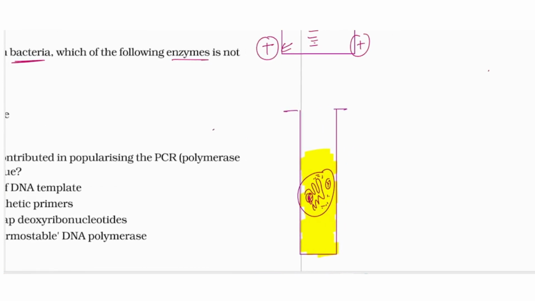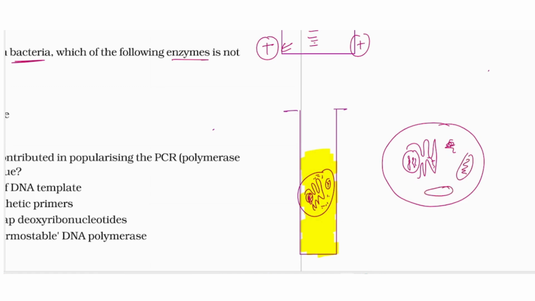Okay, and in the nucleus, I show you outside. This is the cell, this is the nucleus, this is the endoplasmic reticulum. Okay, this is the chromosome and the DNA. Here would be the RNA also. Here are some proteins, here are the mitochondria, lysosomes, Golgi bodies, everything would be there. So to reach the DNA, what should we degrade first?